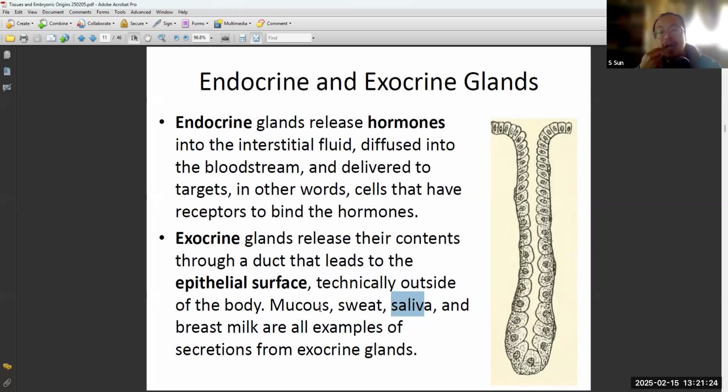Those are the outside of our body, because our oral cavity is basically outside of our body. Sweat is another example that secretes onto the surface of our body. Milk is another example. So those are the exocrine. If I have a quiz question like, do these belong to the exocrine or endocrine, you need to know that these are exocrine.